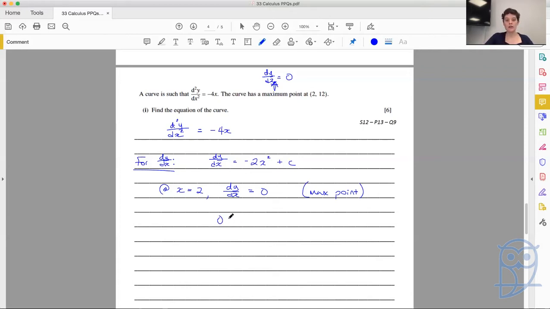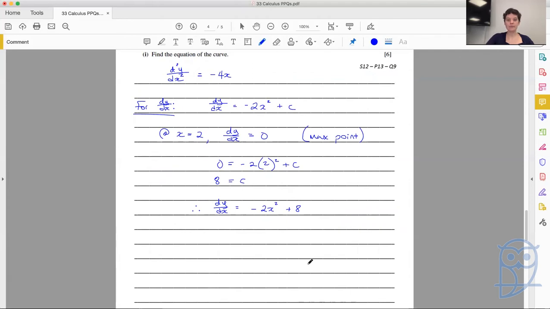So 0 equals minus 2 times 2 squared plus c. So 2 squared is 4, times 2 is 8, so c equals 8. And therefore, dy by dx equals minus 2x squared plus 8. But we're going all the way to the equation of the curve itself. So we need now the equation of the curve.